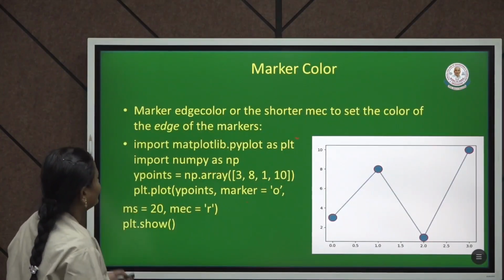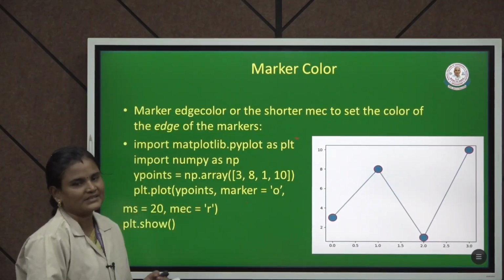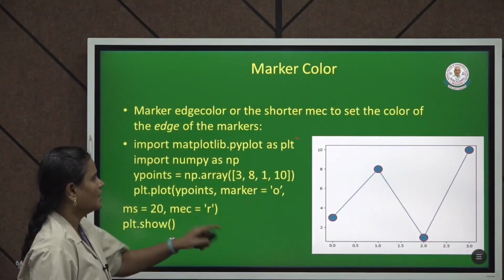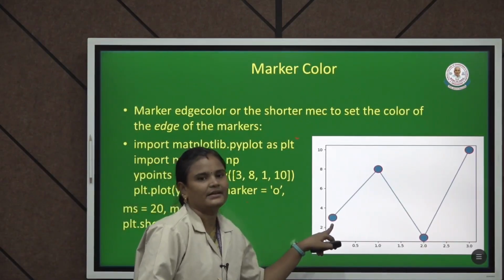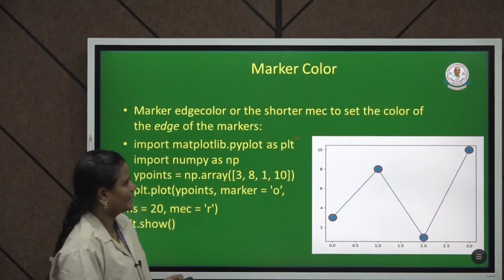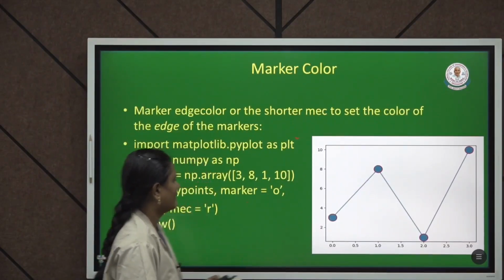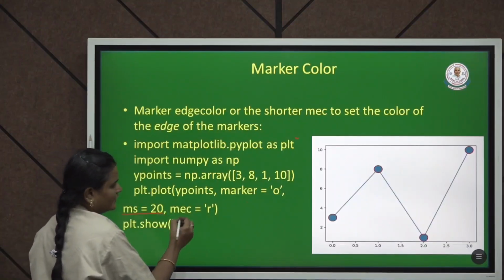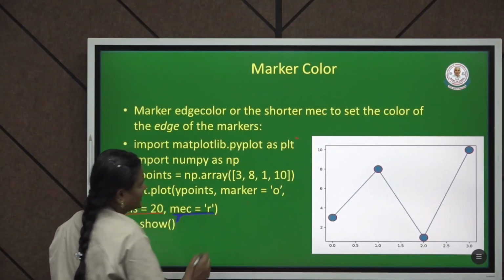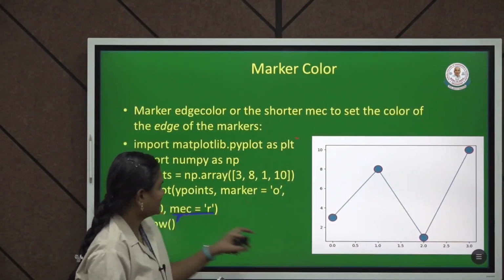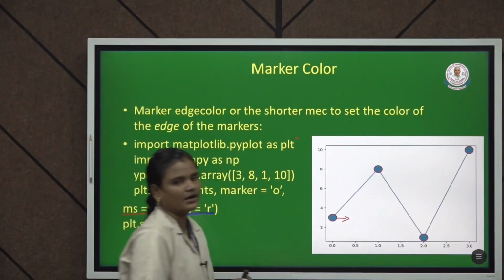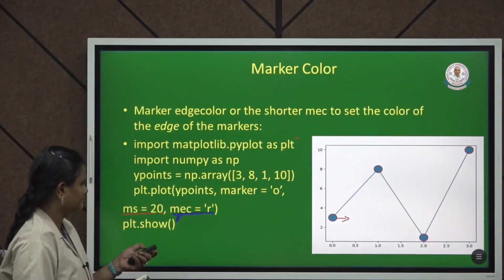The next one is marker color. In the previous slide we generated a marker for each point. Then we have to highlight which marker is specified in the graph. There we can specify the marker size as 20 and the marker edge color as red. Here 20 represents the size of the markers and r represents the red edge color.